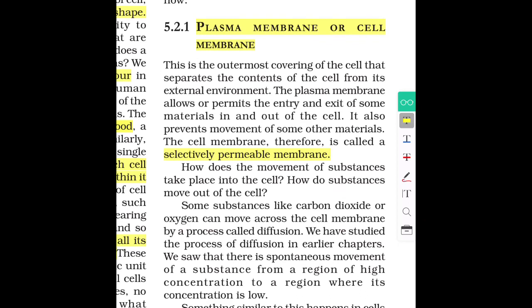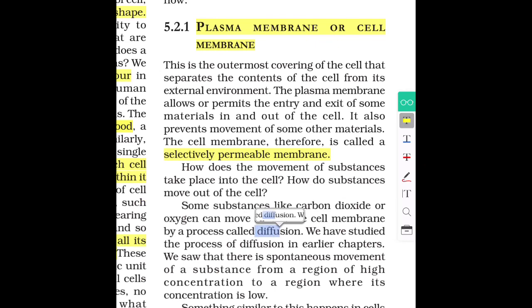Now, we know that a cell has to take in oxygen and give out carbon dioxide, or it has to take in water or give out water, or exchange certain important materials which our body needs. The process of diffusion helps in this exchange. Some substances like carbon dioxide or oxygen can move across the cell membrane by the process of diffusion.